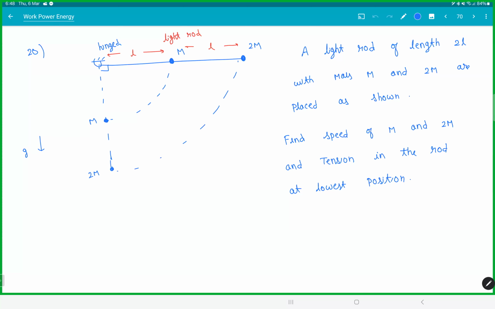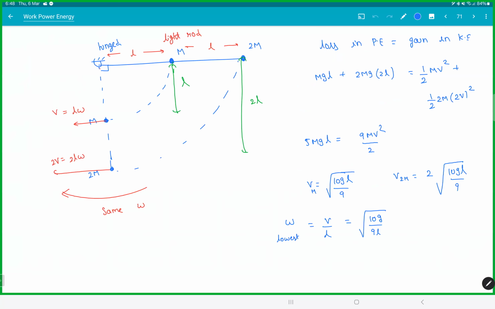What is the same for both the particles? They have the same omega. Both the particles don't have the same speed. They have the same angular velocity. They're going with v and 2v. It's a light rod. When a rod rotates, the angle covered is the same.